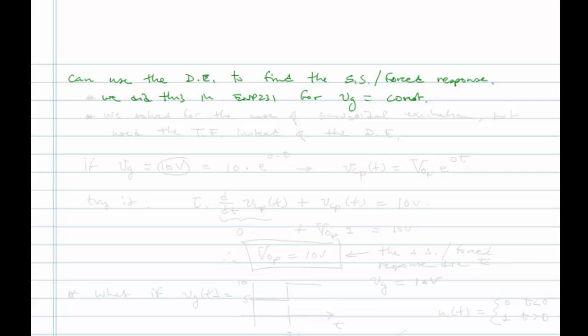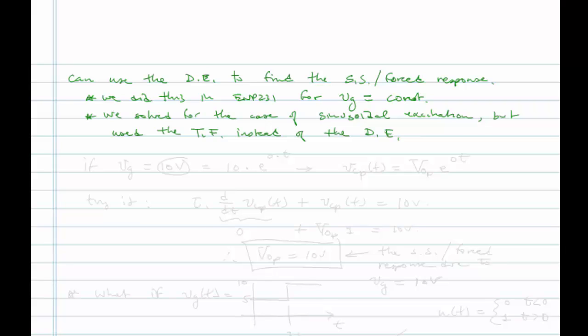Remember, like if it was 10 volts or something. We solved for the case of sinusoidal excitation, but we used the transfer function instead of the differential equation. And that's what we're going to do here as well.